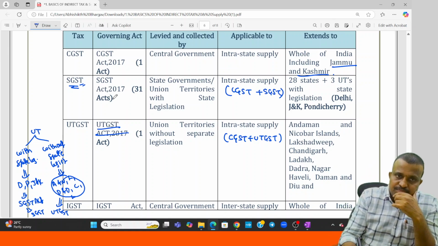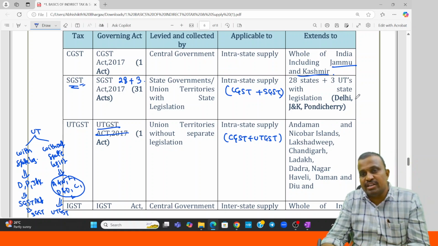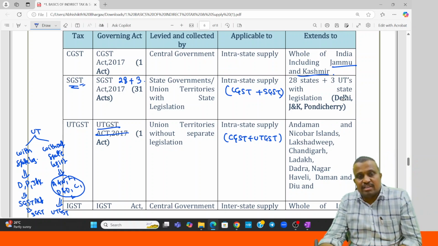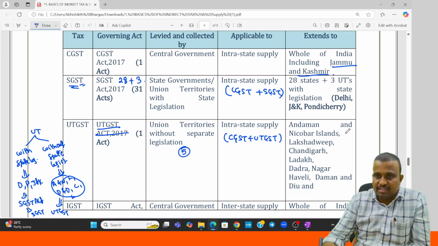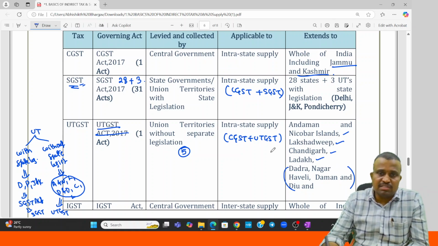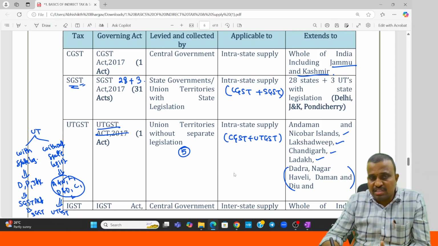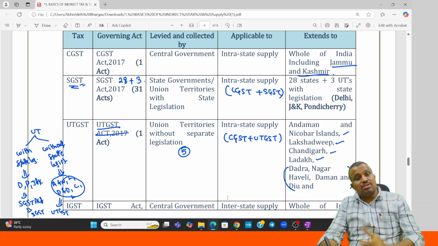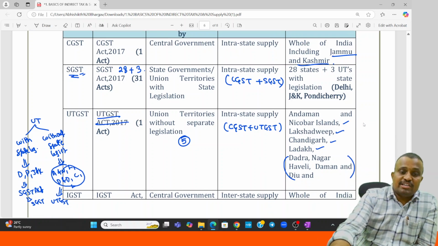SGST is levied by 28 states plus 3 union territories which have state legislation. But UTGST is applied for 5 union territories: Andaman and Nicobar Islands, Lakshadweep, Chandigarh, Ladakh, and Dadra Nagar Haveli and Daman and Diu. So CGST and SGST or CGST and UTGST are levied on intra-state supply.